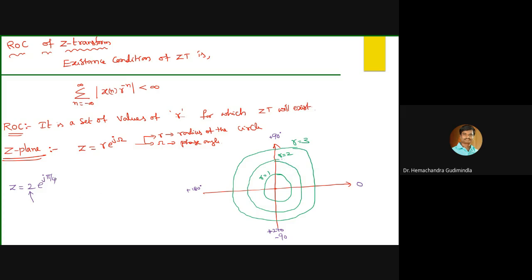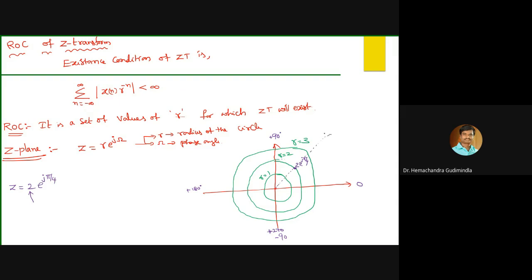Now what is the phase angle? Pi by 4. Pi by 4 is nothing but 45 degrees. So 0 to 90, exactly in the middle, you will get this point. Let me take this as 2 e power j pi by 4. I will draw one line for your understanding.